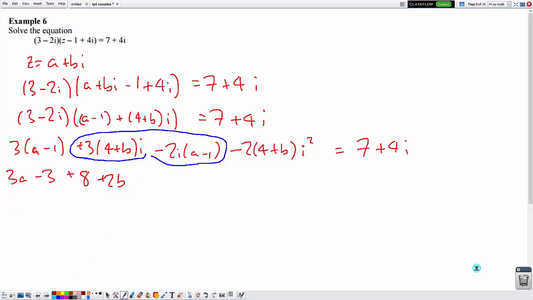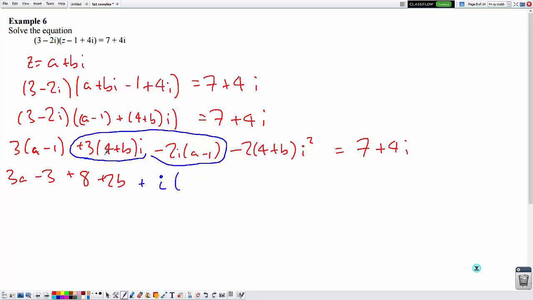We can actually simplify this, but before that, let's finish this off. So I'm just going to factorize out the i from this. So let's just write it as i, and let's put a plus there. And what do I have in here? I've got 3 lots of 4 plus b, and in fact, let's just multiply it out now.